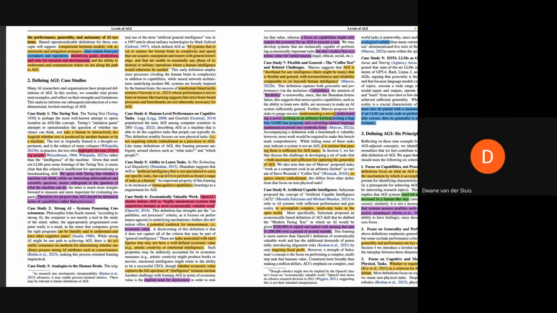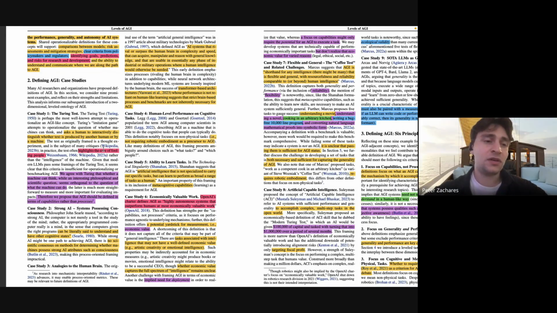Yeah. Thanks. And then the third case study is analogies to the human brain, the idea that if an AI system works like the human brain, or better than the human brain, then it has achieved human intelligence. This is an incredibly process-based way of evaluating intelligence, also human-centric, because it's saying that it has to work like the human brain.